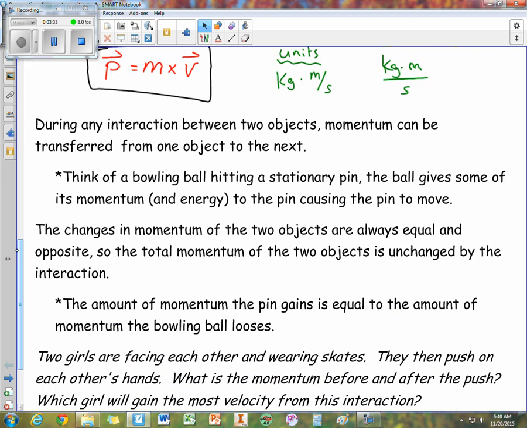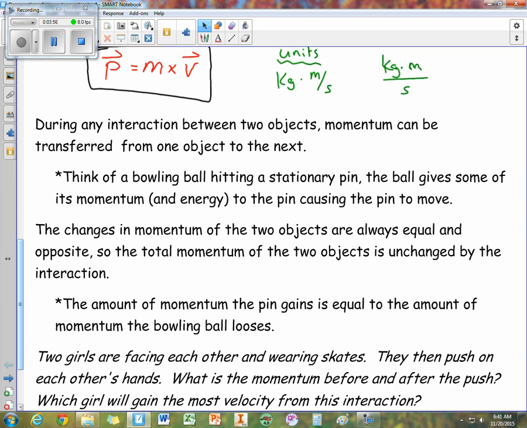All right, so during any kind of interaction between two objects, momentum can be transferred from one object to the next. As an example, think of a bowling ball hitting a pin. The ball is going to give some of its momentum to the pin, causing the pin to move.